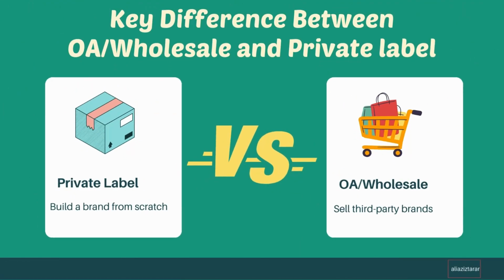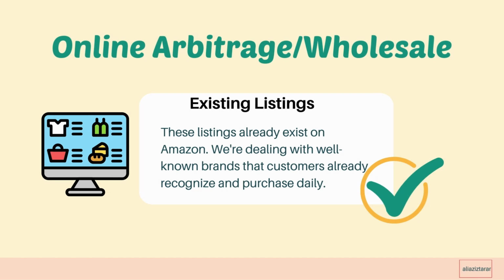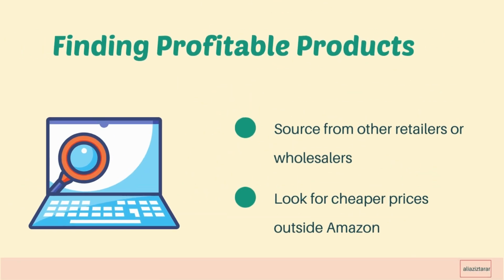All we would be doing in online arbitrage and in wholesale is sourcing those products, finding those products, and then once we have found those products for cheaper prices from outside of Amazon, then all we would be doing is just going there on Amazon and kind of saying that, hey Amazon, I got the same product as well, along with tens of other sellers who are selling the same product.